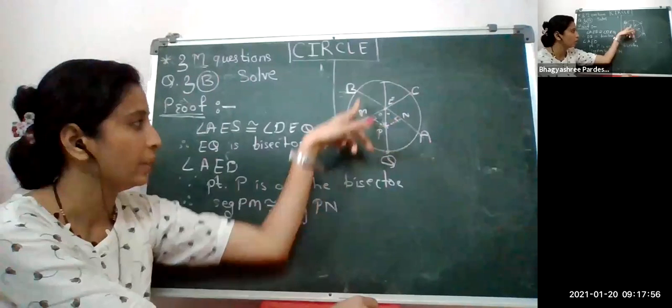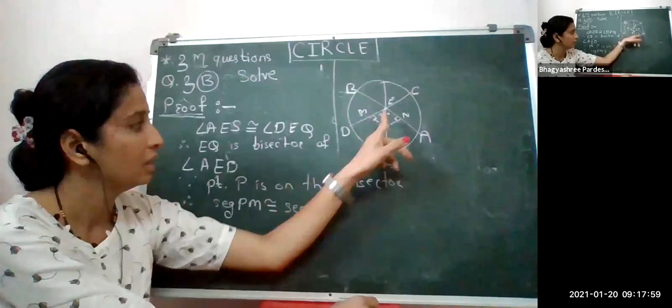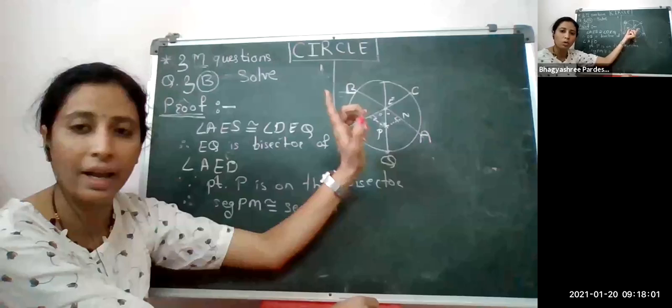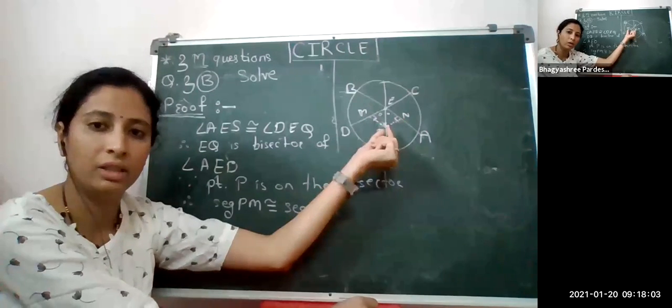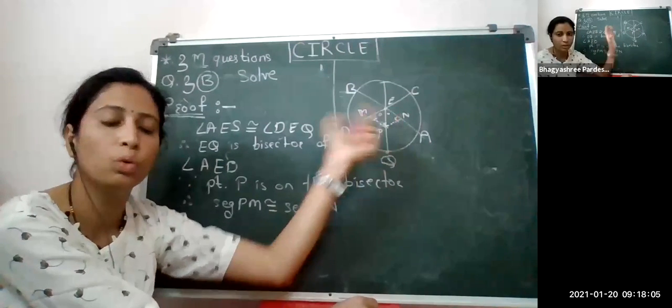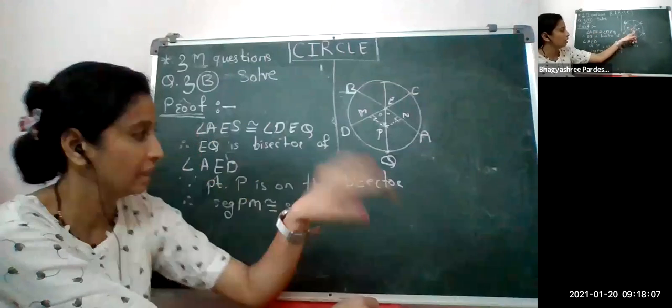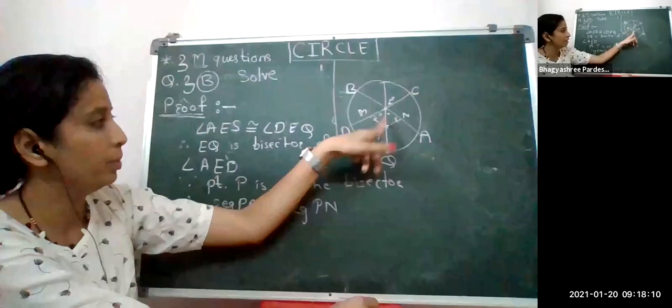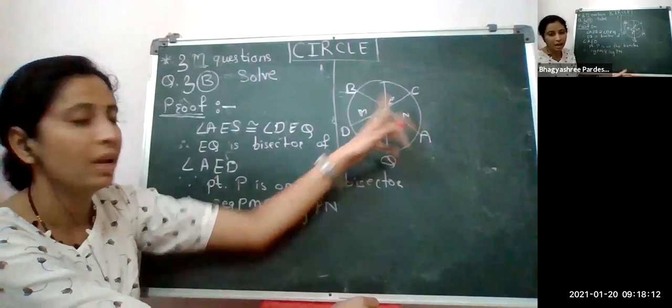ED is on this angle, and in the same way AB is on this angle. Therefore, since P is on this bisector, PM and PN are equal.